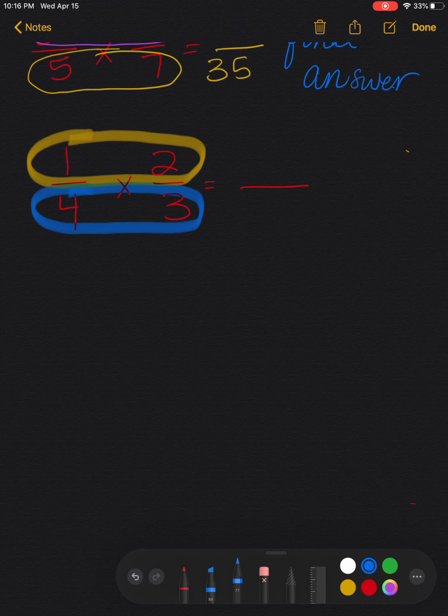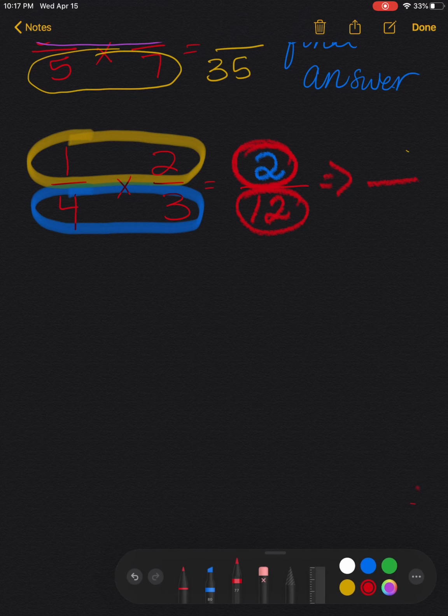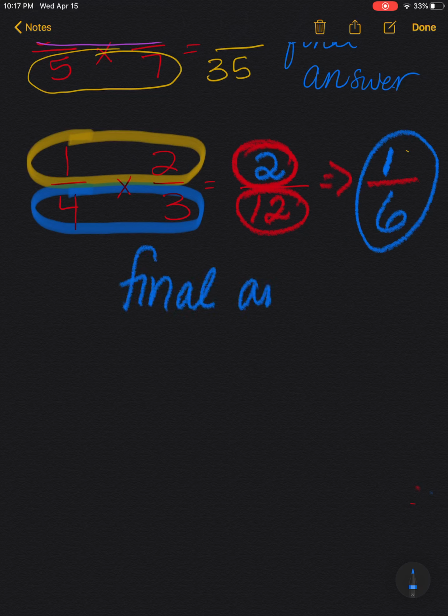So 1 times 2 is 2. 4 times 3 is 12. That can certainly be reduced. So I see 2 that we can reduce, right? So 2 divided by 2 is 1. 12 divided by 2 is 6, so the final answer is 1/6.